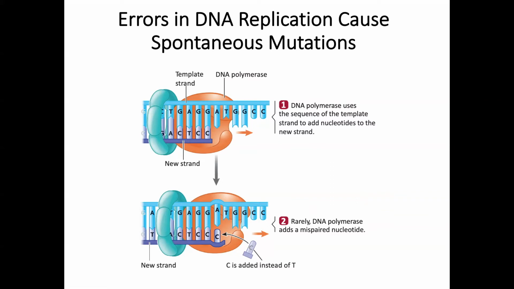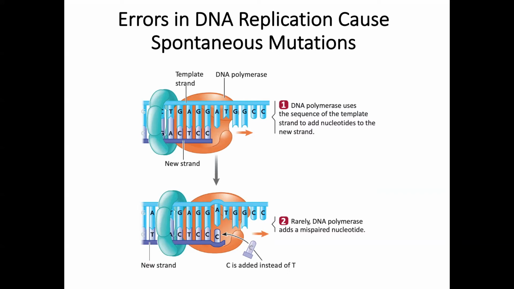And the mutation rates vary substantially among different species and even among different parts of the genome in a single organism, okay? So scientists have reported mutation rates as low as 1 mistake per 100 million to 1 billion nucleotides in certain bacteria.